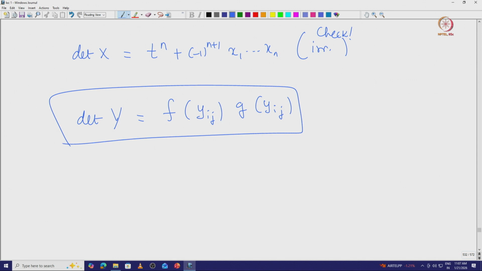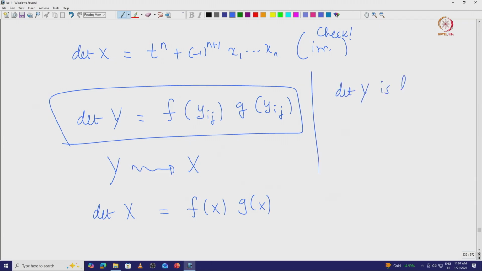So, now if this is what happens, then you can specialize this Y to capital X. Then on the left hand side you get the determinant of X, on the right hand side you will get f of X times g of X. But since the determinant of Y is homogeneous, that implies that both f and g are homogeneous, and that would immediately imply that the specializations f of X and g of X are supposed to be non-zero.